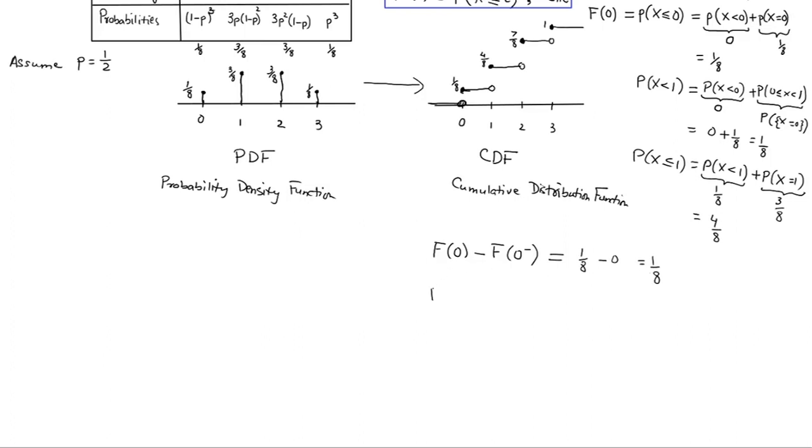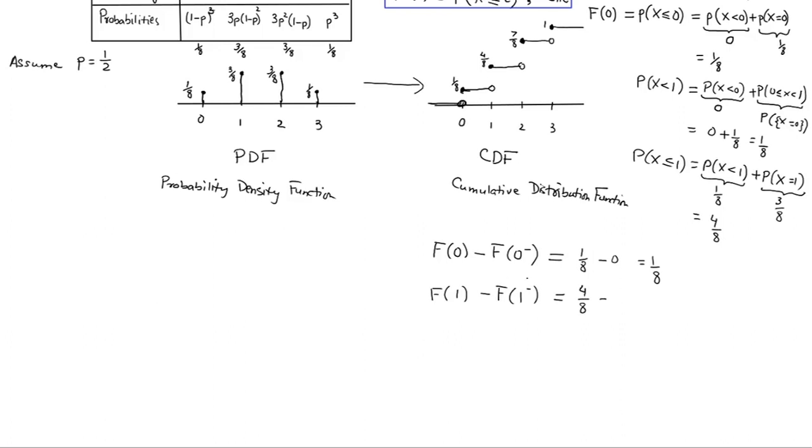What is F of 1 minus F of 1 minus? What is F of 1? Capital F of 1. 3 by 8. No, look at the CDF. Look at this function, this staircase. 4 over 8. Yeah.